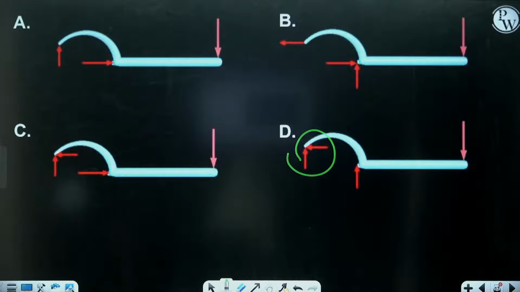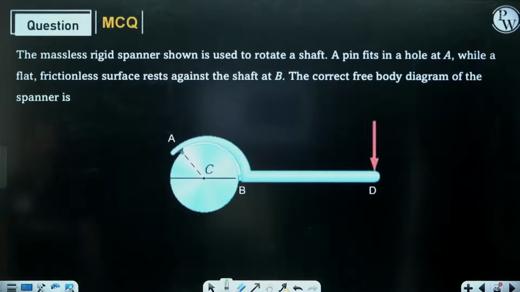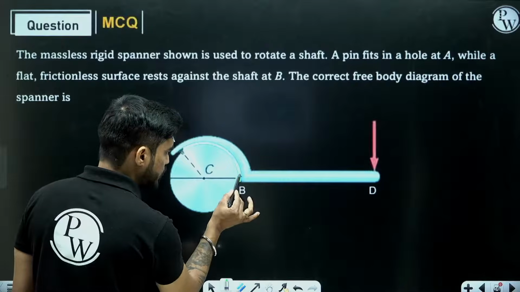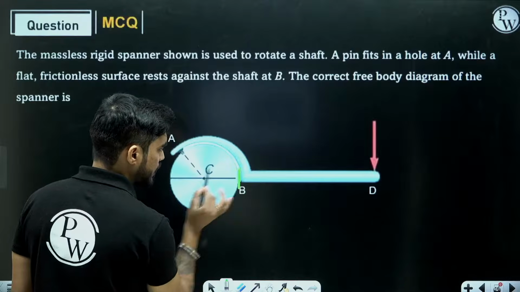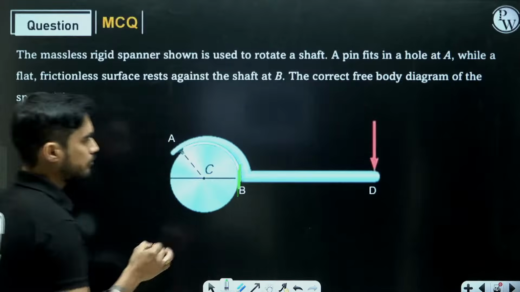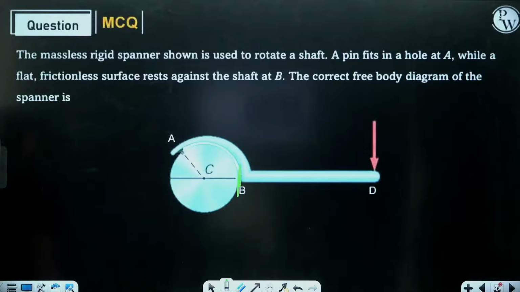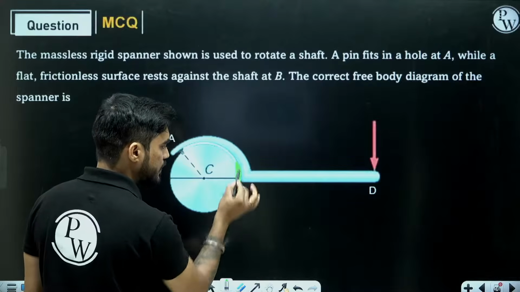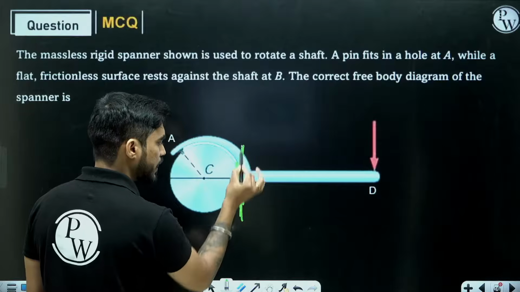Now C and D. At point B, we have a frictionless surface, and you can see that it's a very small surface but a vertical surface, right? So the reaction must be acting normal to the surface. It's a frictionless surface. It's a very small vertical surface.